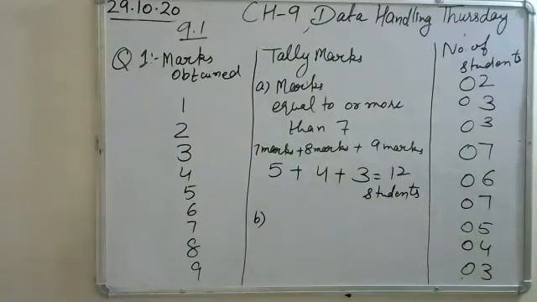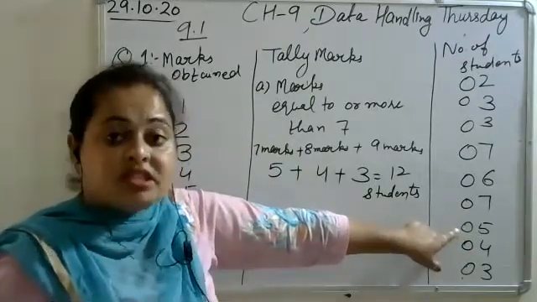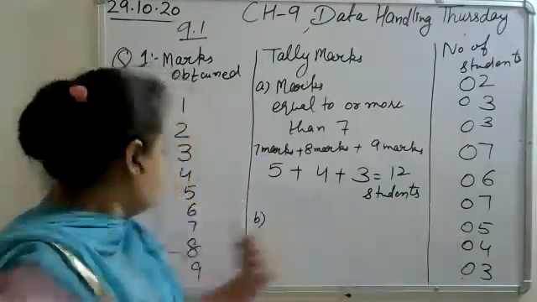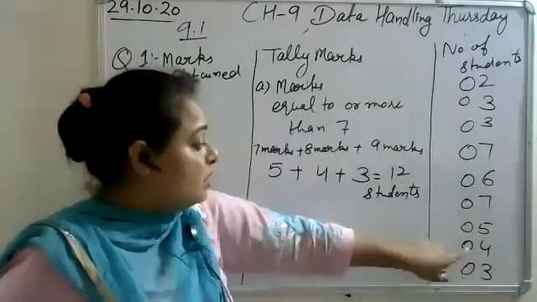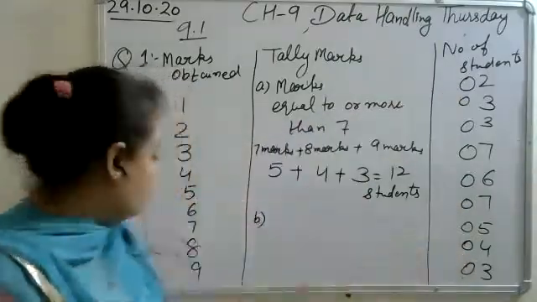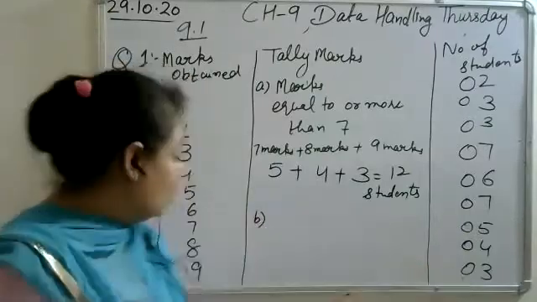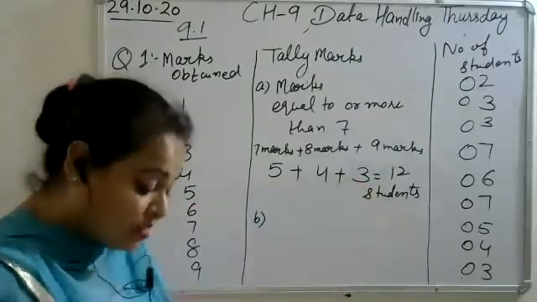Check the counting: 5 students got 7 marks, 4 students got 8 marks, and 3 students got 9 marks. So 5 plus 4 plus 3, total 12 students.